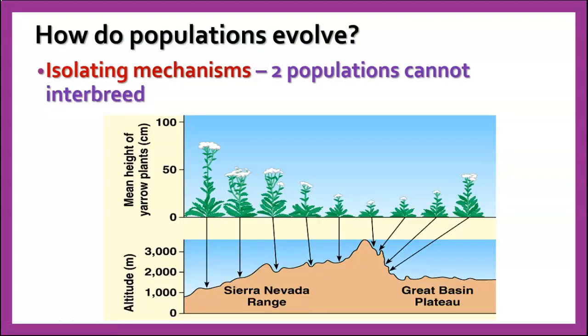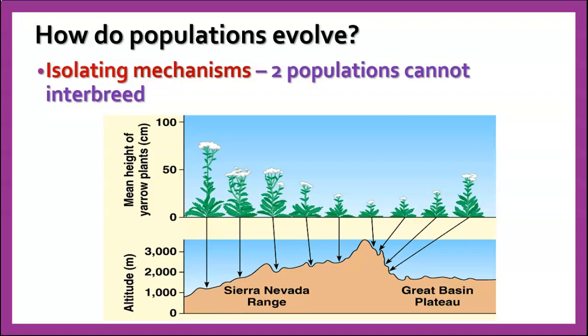There are various isolating mechanisms that can lead to changes in species and in fact can lead to the development of new species. And so we're going to talk about some examples of isolating mechanisms, but let's talk a little bit in generalities to begin with.